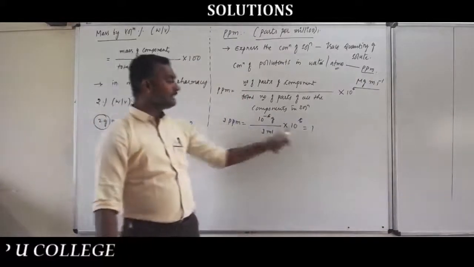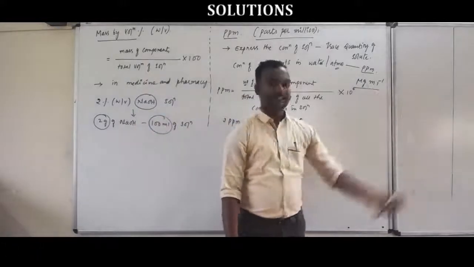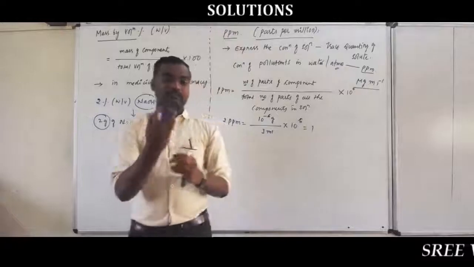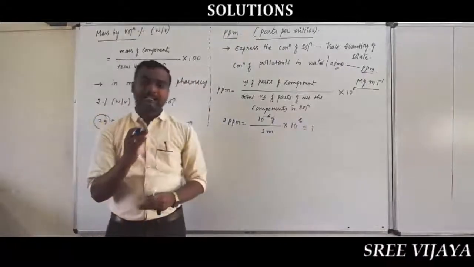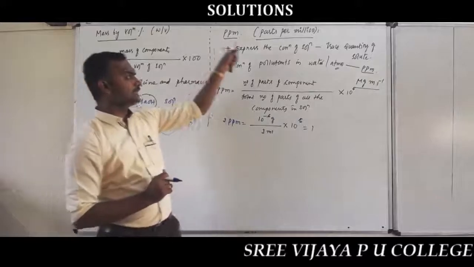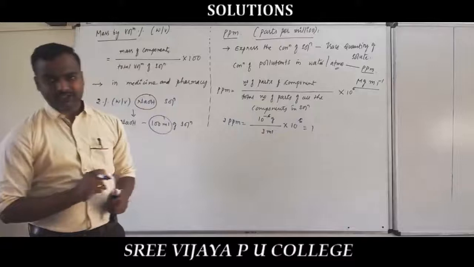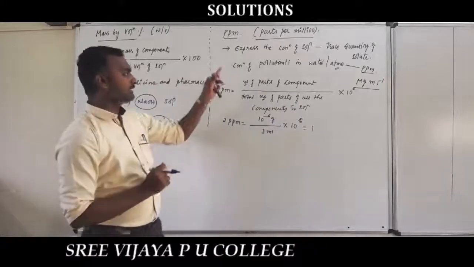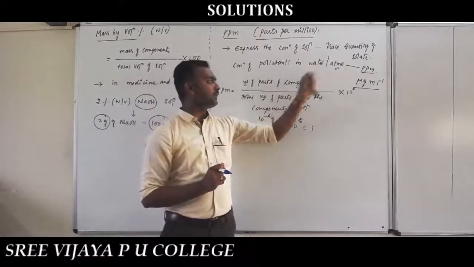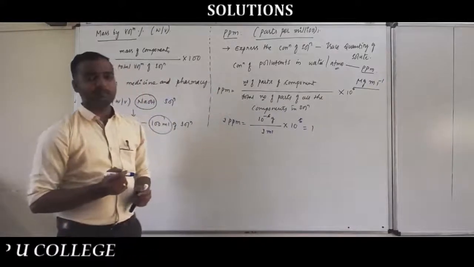That is nothing but 1 ppm. So 1 ppm is equal to 1 microgram per ml. That is, ppm can also be expressed in terms of microgram per ml. So that is about the ppm, parts per million, that is used to express the concentration of solution which consists of trace quantity of the solute. For example, the concentration of pollutants in water or in atmosphere can be expressed in ppm or also expressed in microgram per ml.